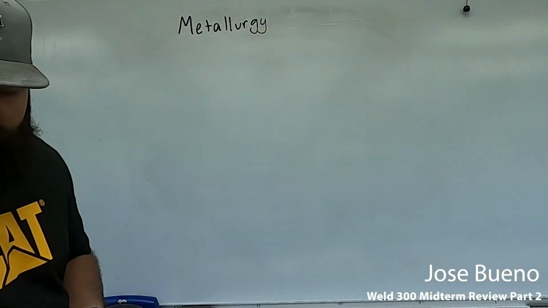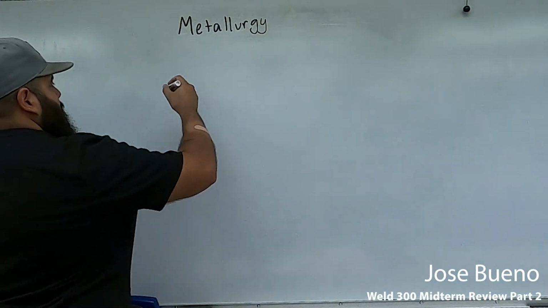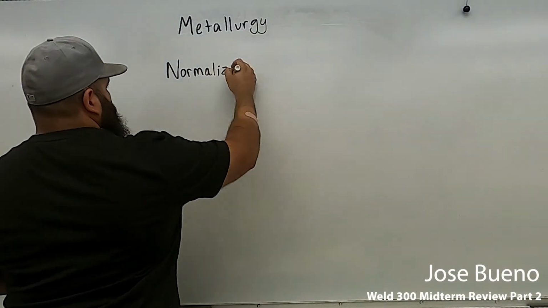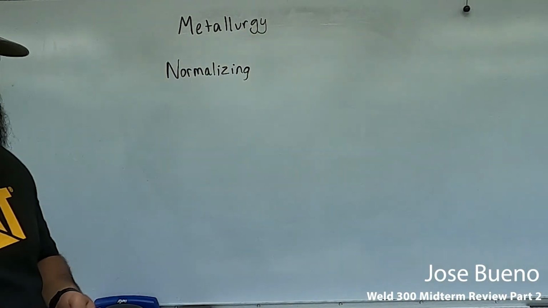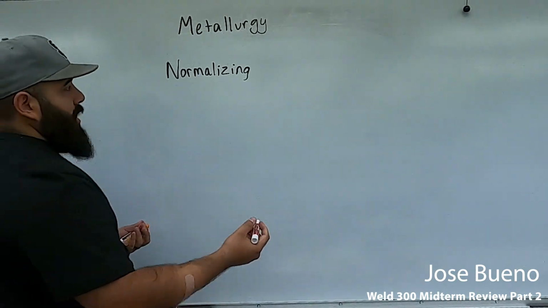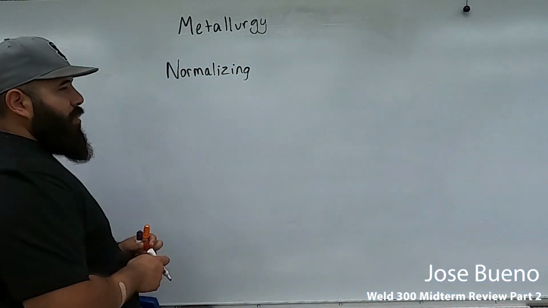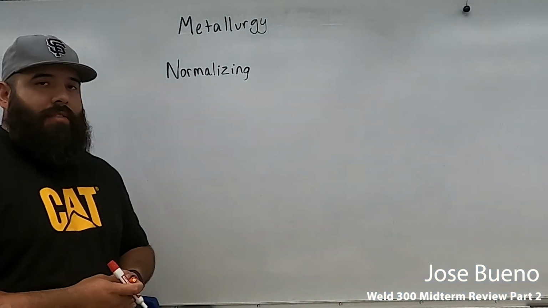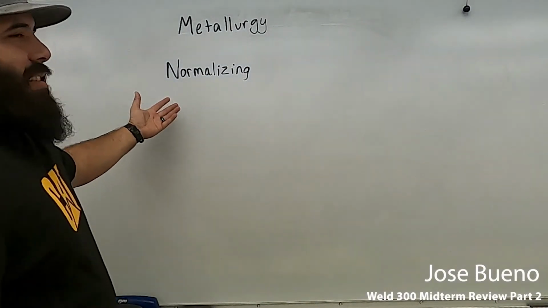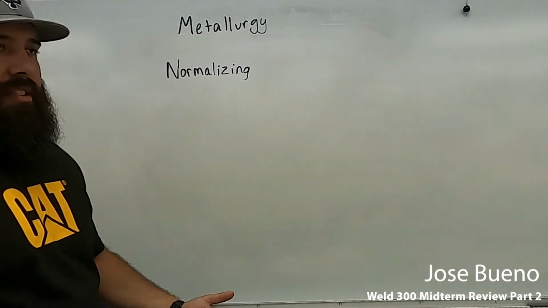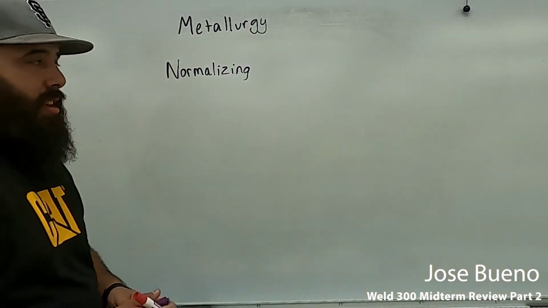All right, now let's talk about normalizing. So normalizing can be done to metal that's either hardened or tempered. The purpose of normalizing is to get rid of as much internal stress as possible, or basically return the steel to its original state.